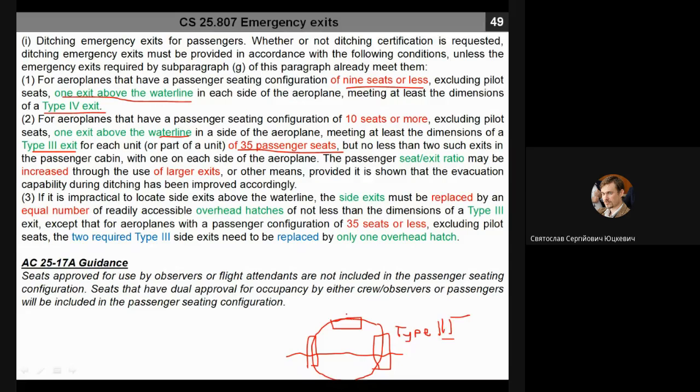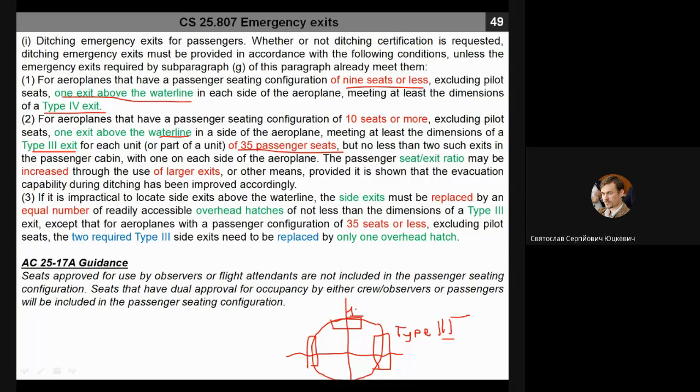But only one will be enough, because for sure it will have free access, because it is located in the middle of the airplane. So that's why you could use overhead hatches, and sometimes you could find them in small airplanes up to 35 passengers on board, as an example of such an approach.